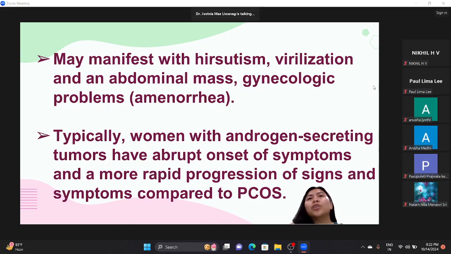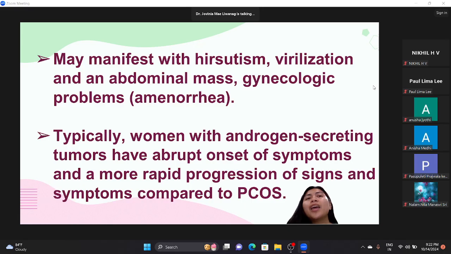So, if you see a patient with abdominal mass plus hirsutism plus gynecologic problems such as amenorrhea, usually this patient has developed an androgen secreting tumor. That's the clue to tell you that the patient has an androgen secreting tumor.